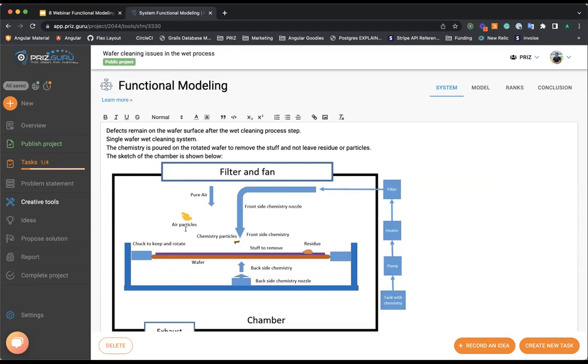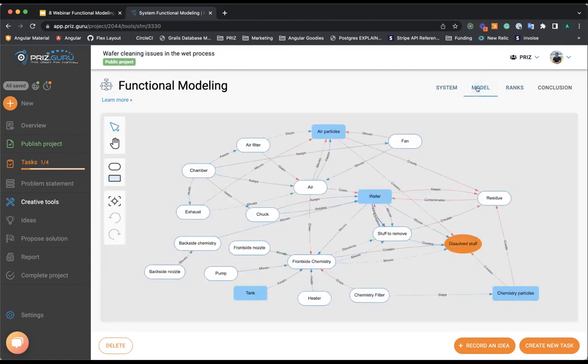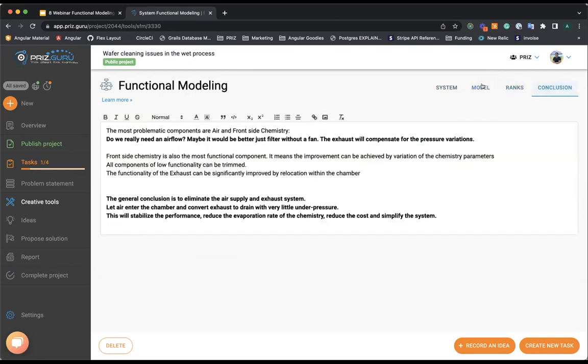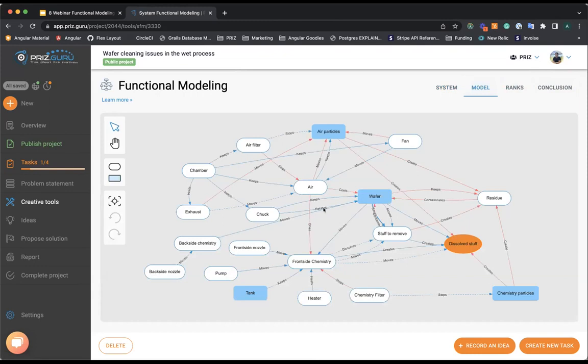It's the cleaning of a wafer in microelectronics manufacturing, and the model looks like that. Eventually, the process is the same, and drawing conclusions is of course different because these are different systems. And this is a technical system, a very technical system. There are no people involved at all, right?